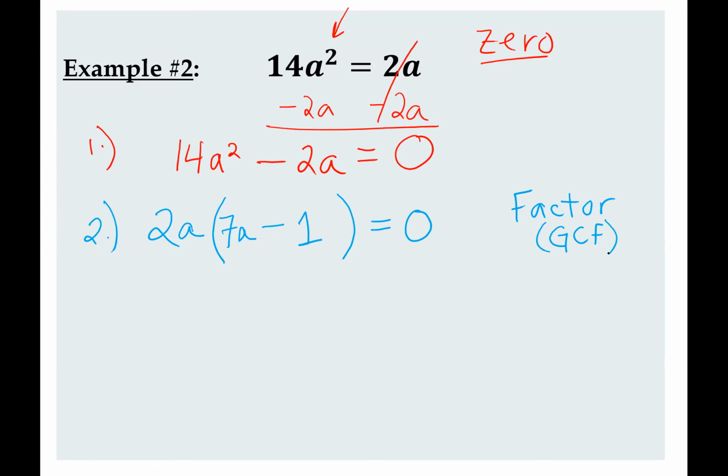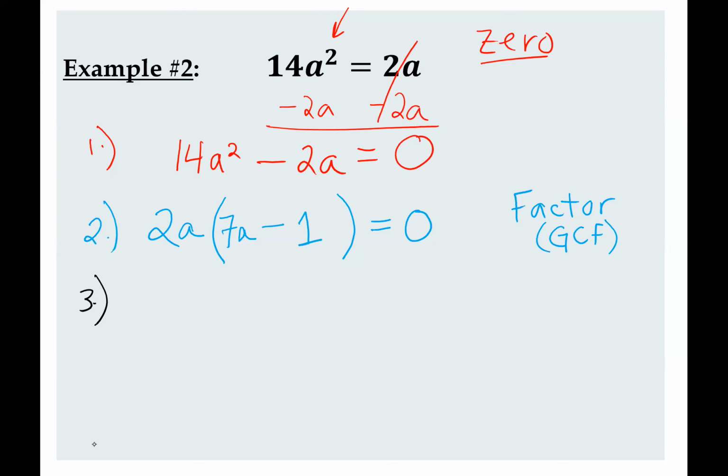All right, we're on to step 3. After we factor, next is when we set each factor equal to 0. Each factor, what does that mean? Well, last time it was 2 different parentheses. Factors don't necessarily have to be in parentheses. It's just a term that's being multiplied by something else. So in this case, that GCF that we took out, that's a factor.